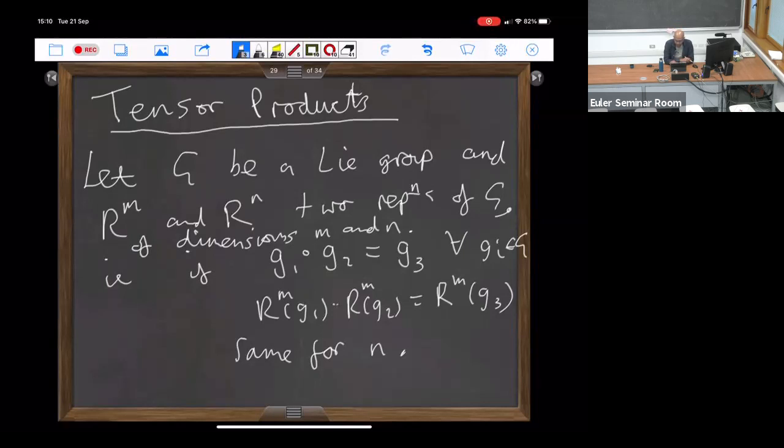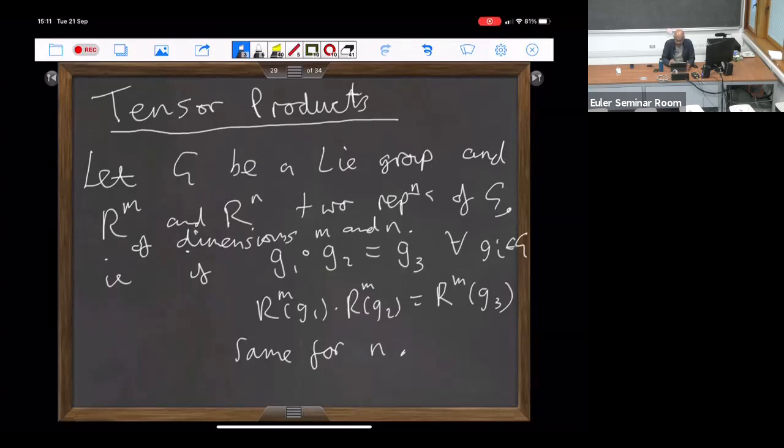It means that if you give me 3 group elements, G1, G2, G3, where G1 composed with G2 is G3 as the abstract group relation, and a representation means that for all elements of G, if I have the representation of dimension m, there's an m by m matrix which represents G1.